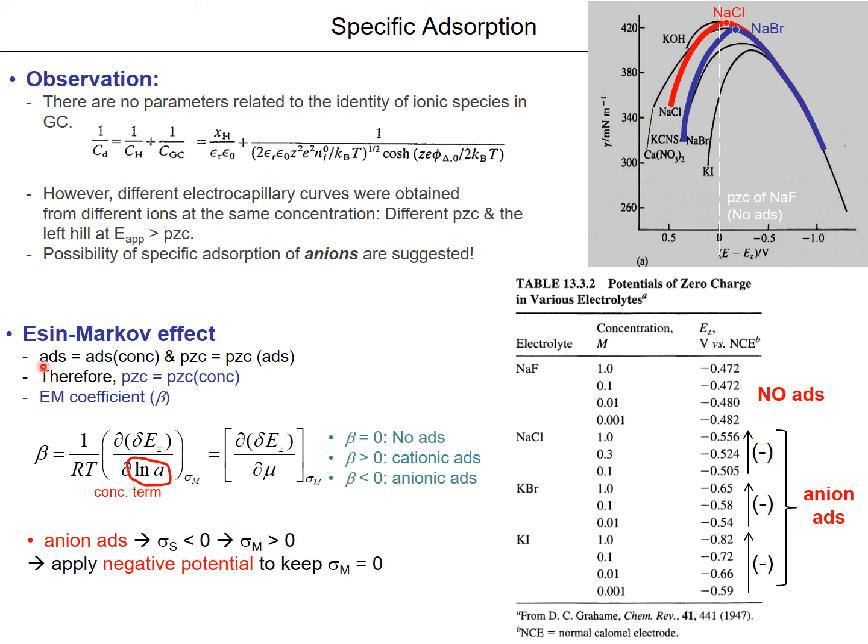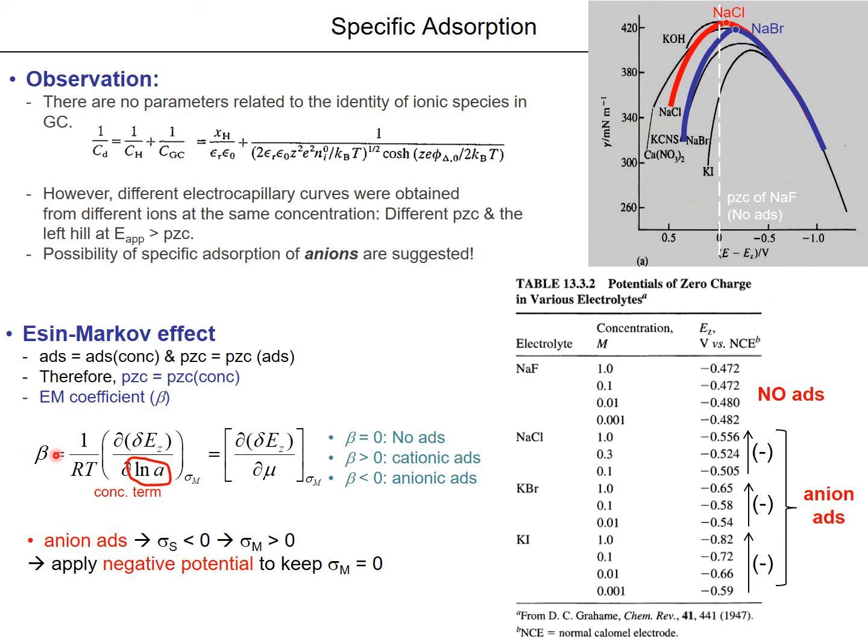Adsorption would be a function of the concentration of the adsorbed species, of course. Also, the point of zero charge would change with some adsorption. Therefore, the point of zero charge is a function of the concentration of the specifically adsorbed species, especially anions. Here is the Markov coefficient beta.